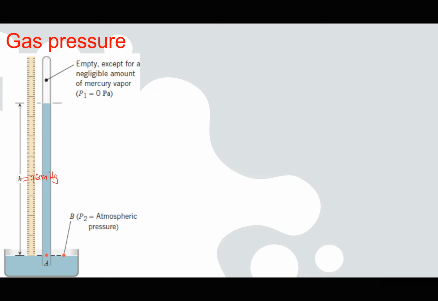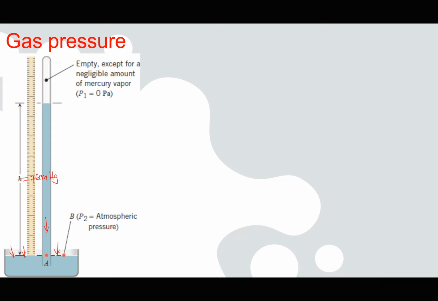So if we consider this demonstration with a barometer, where mercury is placed in a tube and then it is inverted, of course the mercury falls out of the tube until it stops at a point where the atmospheric pressure pushing this liquid balances with the pressure due to the height of the liquid.